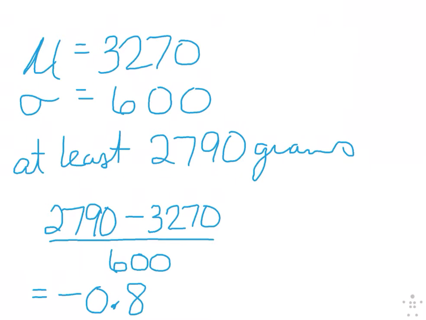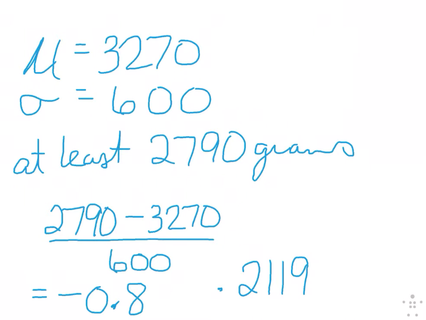Now, if you use the chart on page 598, when you look at negative 0.8, you go on the chart to where it says -0, and then over to 0.8, and what number? 0.2119. Now, this is not the answer.